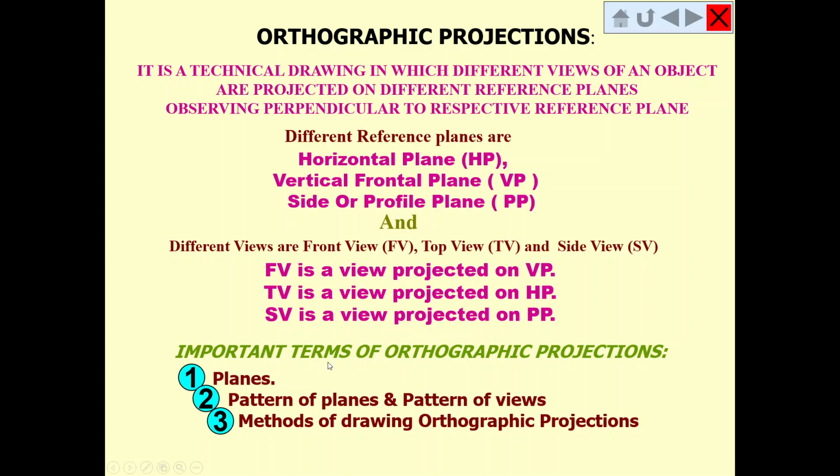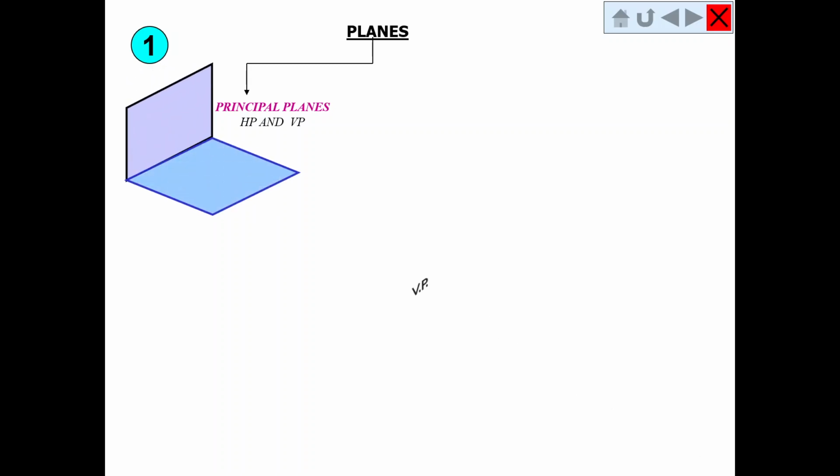So the important terms of orthographic projection here are planes, pattern of planes, and methods of drawing orthographic projection. The principal planes are the horizontal plane and the vertical plane, as you can see here. If you are sitting in a classroom, you are observing this vertical plane, and you are sitting over the horizontal plane.